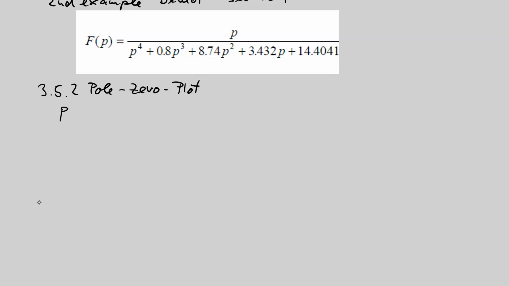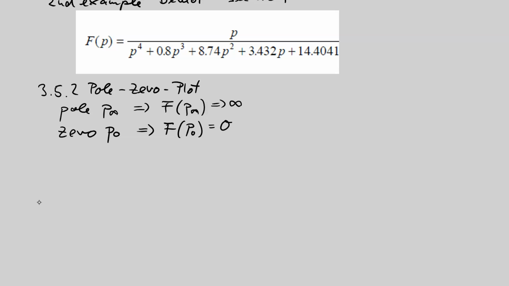A pole P infinity is where the transfer function goes to infinity, and a zero, like the name can tell us, P0, this value, if we replace all p's with P0, then the function is 0. So the pole makes the denominator 0, and the zero makes the numerator 0.